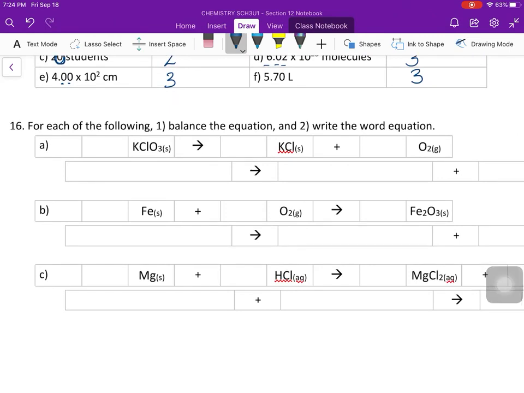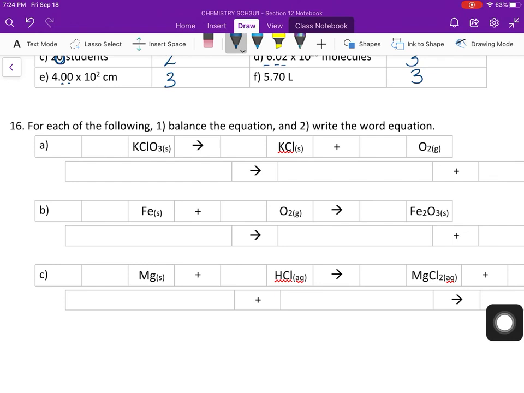Okay, and our last question here. We are going to balance these equations and then write the word equations. So I have 1 potassium, 1 potassium, 1 chlorine, 1 chlorine, 3 oxygen, 2 oxygen. So here I have sets of 3 and sets of 2. So I need a number that 3 and 2 can both go into, which is 6.